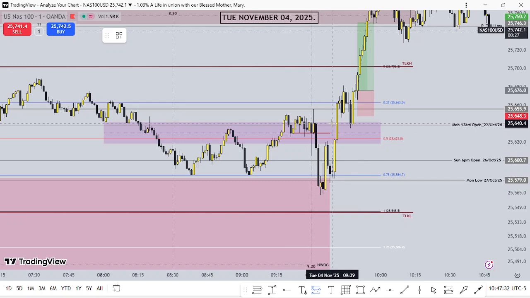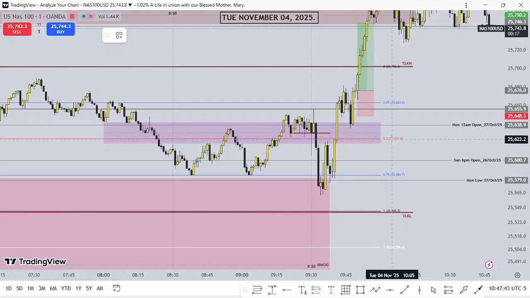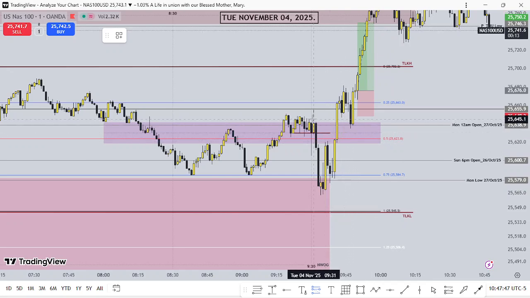You're not supposed to chase price, okay? But it's still at an area where I would like to sell, because this is a 15-minute fair value gap above the 0.5 level. Okay, so selling anywhere here is meaningful to me. So I just brought out the two, and I was like, okay.